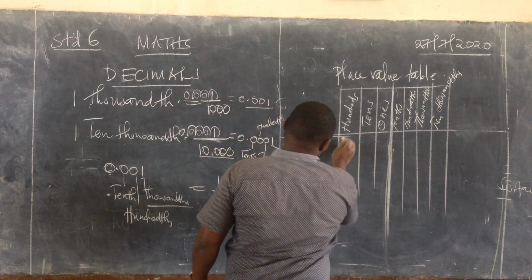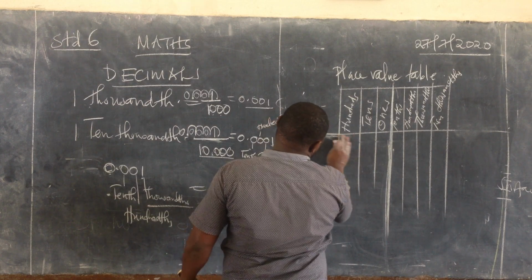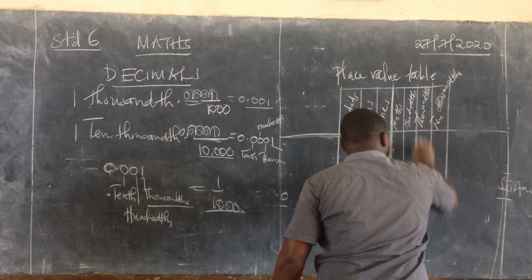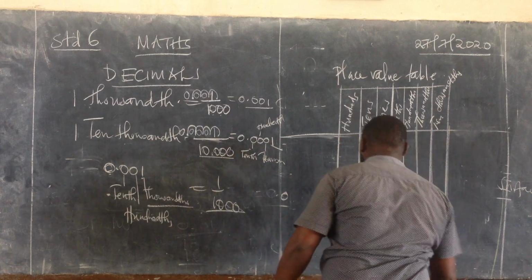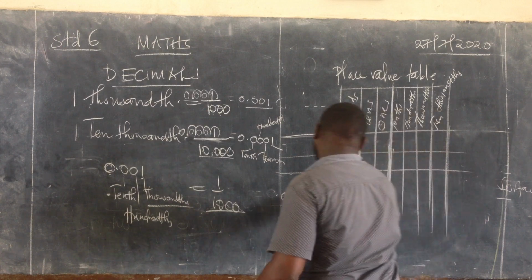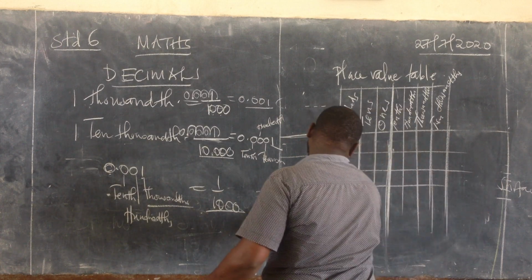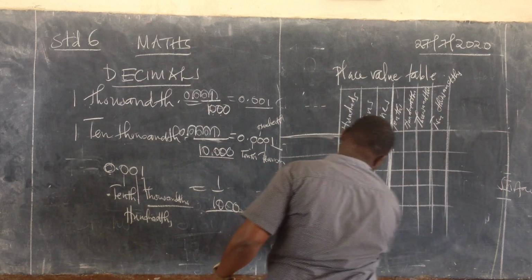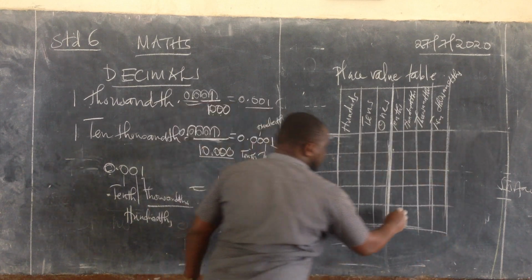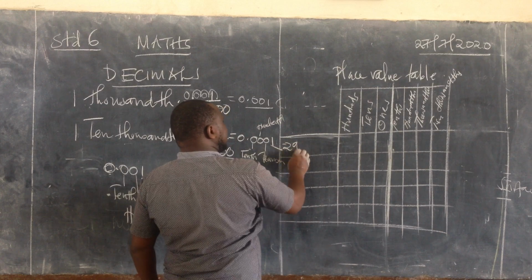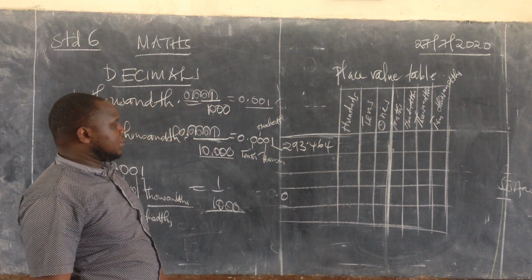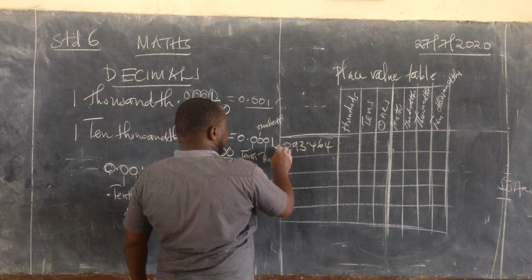Given a number, you draw this place value table to find the place value of a certain digit. For example, you can be given 293.464.